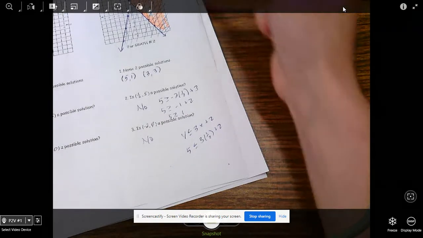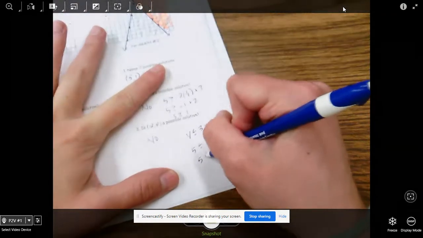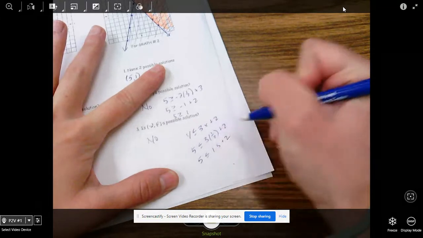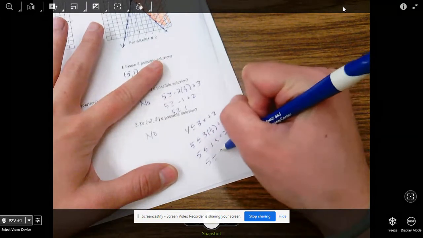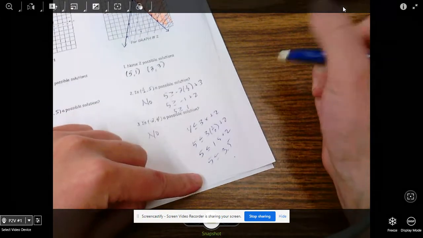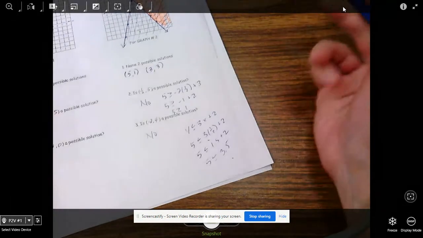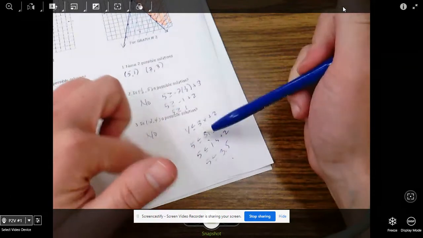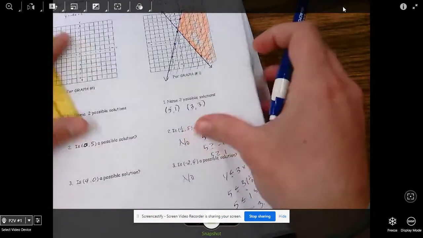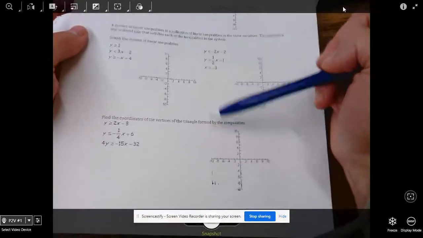It seems to work. Hold on. Oh, no, this one's not true. Since one's not true and that one is, they both have to work. So no, algebraically you can prove it or visually you can prove it. So that's what you're just doing for this section. That is what all of this is.